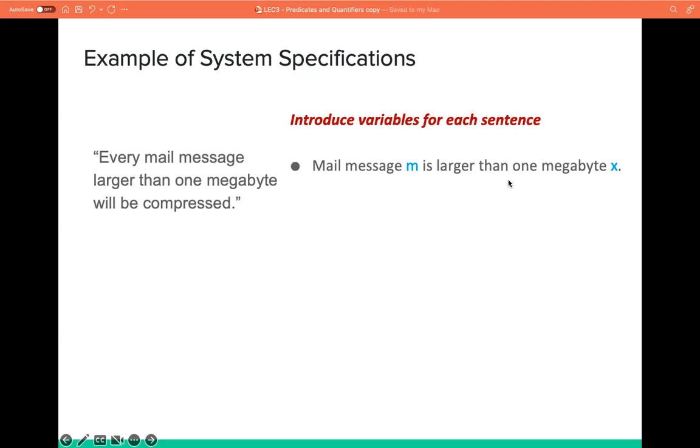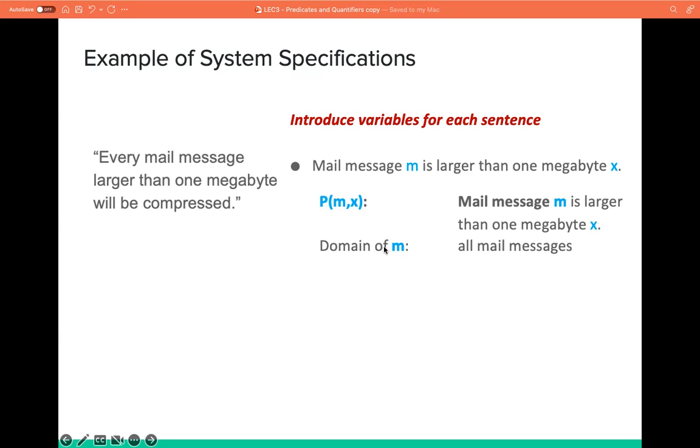Mail message M is larger than 1 MB X. We can express it in predicate form, P of M and X, wherein mail message M is larger than 1 MB X, and wherein the domain of M is all mail messages and the domain of X is the set of positive real numbers, because there is no such thing as a negative megabyte.